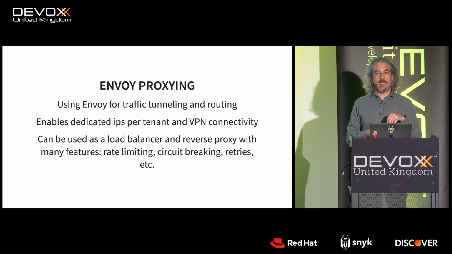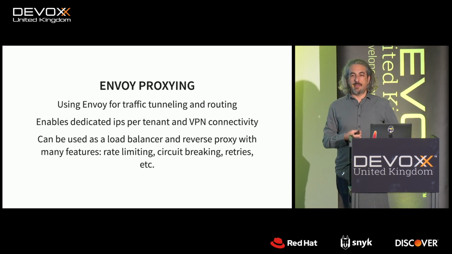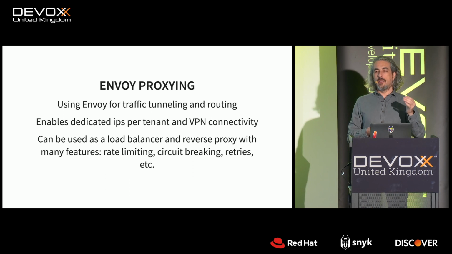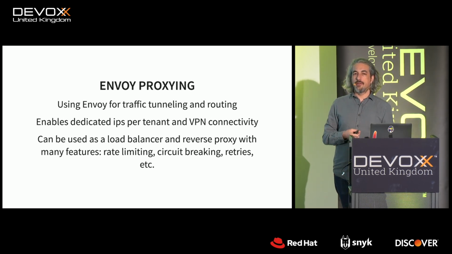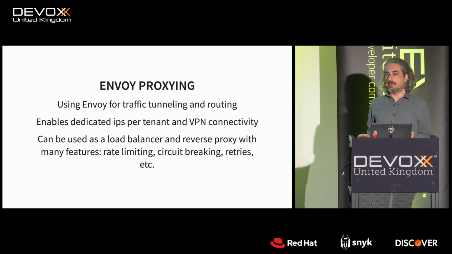So every time a customer wants to have a dedicated IP when they go to the internet, basically, by default in Kubernetes, you're going to get dynamic IPs from the pool. What we do here is we configure the JVM to send traffic to Envoy that is running next to it in the same pod. Envoy then sends that traffic through a specific IP that is not shared with other customers.